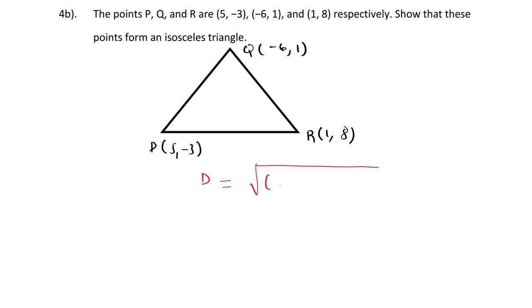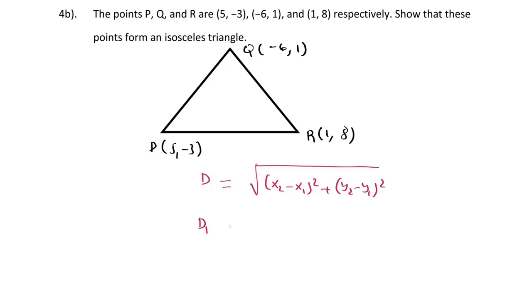Okay, so now let us recall the distance formula, which says distance equals under root in brackets x2 minus x1 squared plus y2 minus y1 squared. So now we are going to start with the point P as our first point and Q as our second point, and we are going to call this distance 1.